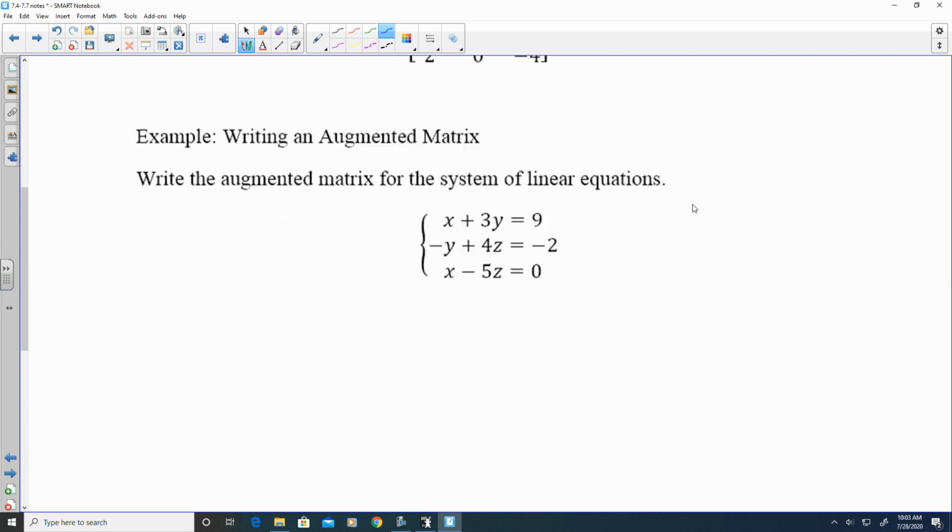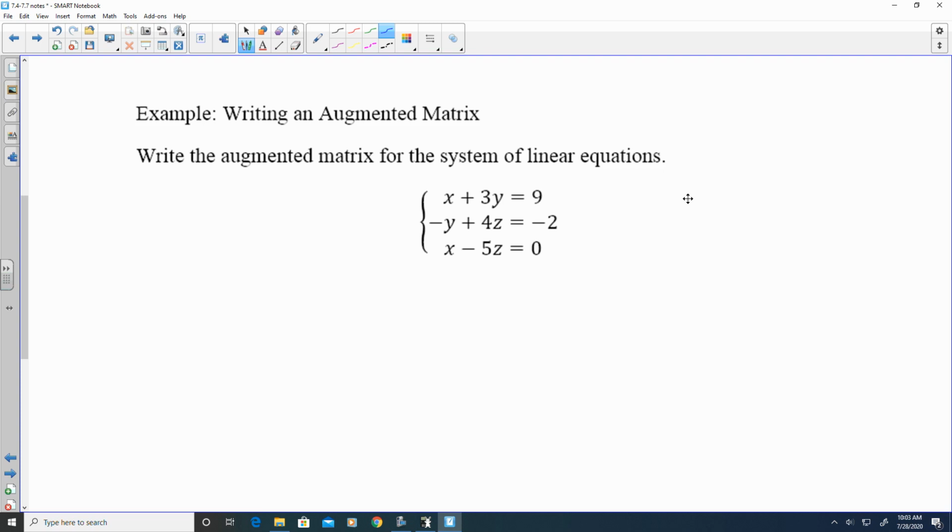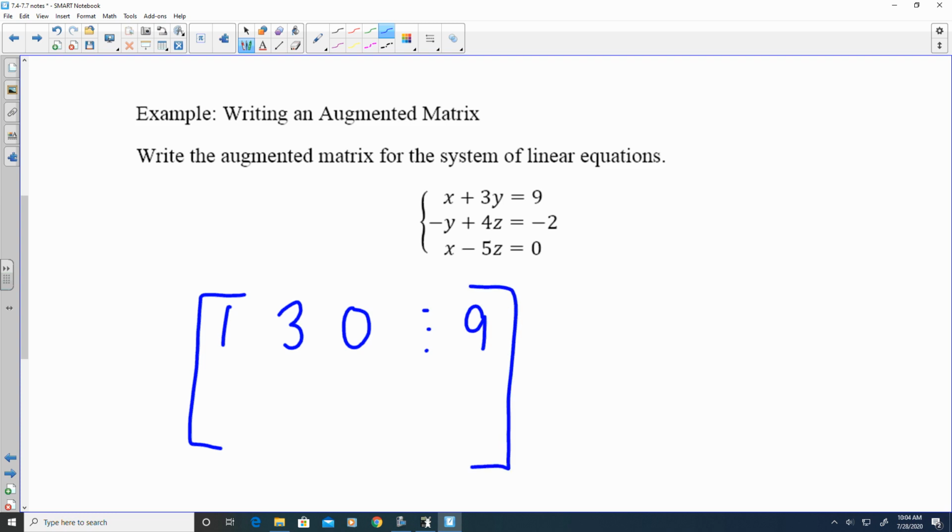So if I have this system of equations, let's write the augmented matrix for it. Notice that some equations do have z, so this is going to be a 3 variable system of equations. So the top is 1, 3, and then I don't see the z there, so it's going to be 0. And then I put those dots with the constant.